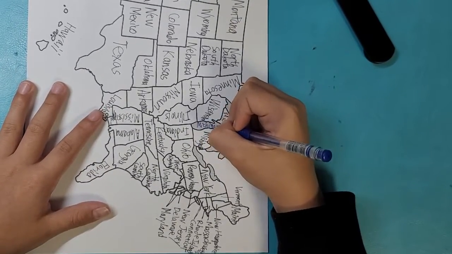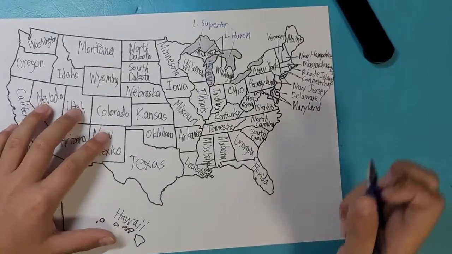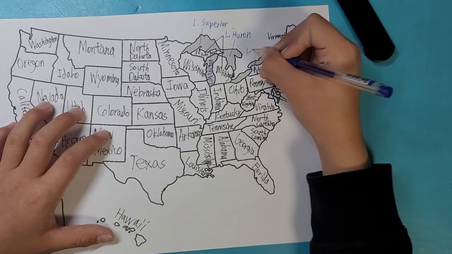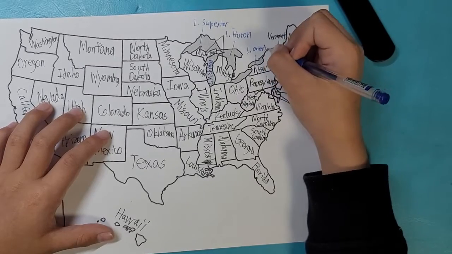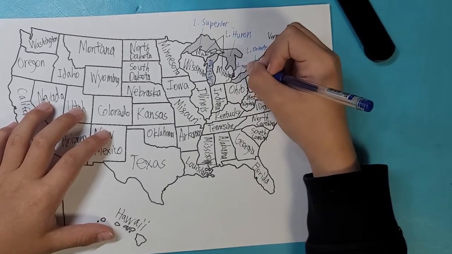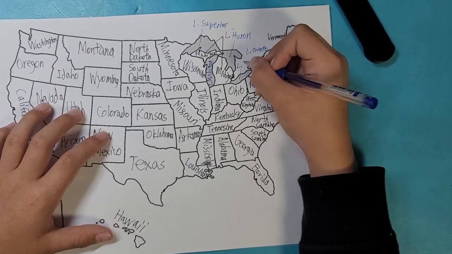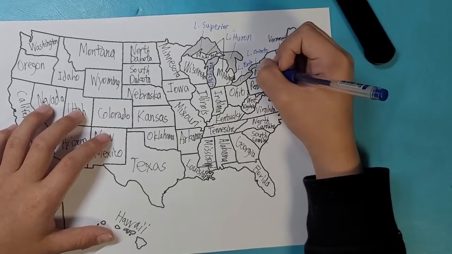Wait, I forgot to put the L right here. Yeah, that's better. And then these two lakes are, this is Lake Ontario. And this is Lake Erie, like ghosts. Ooh.